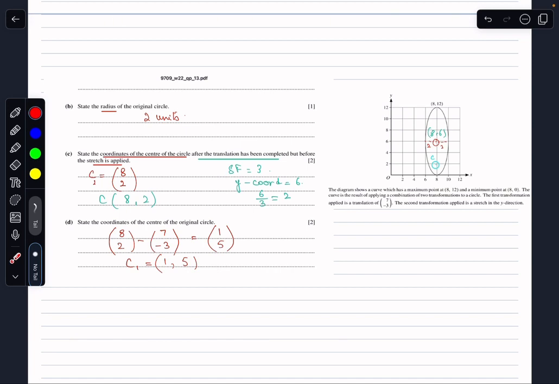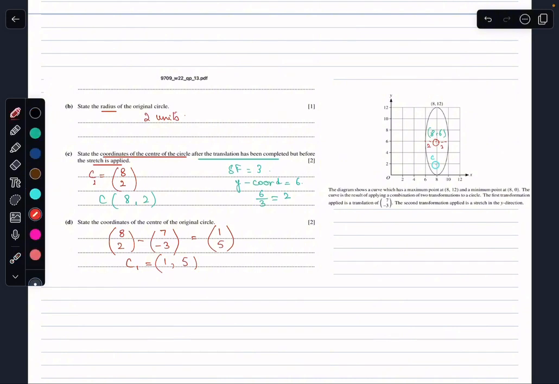After the translation, this 1, 5, 1 plus 7 gives me an 8. So, the x coordinate is 8, and then 5 with the translation of minus 3 in the y direction. 5 minus 3 was a 2. So, this is where it was initially.